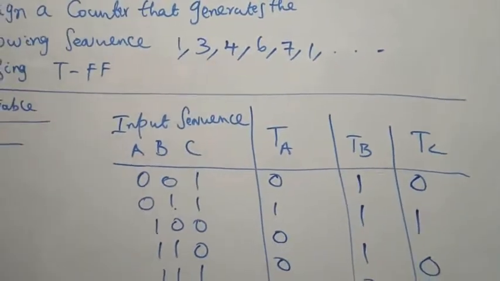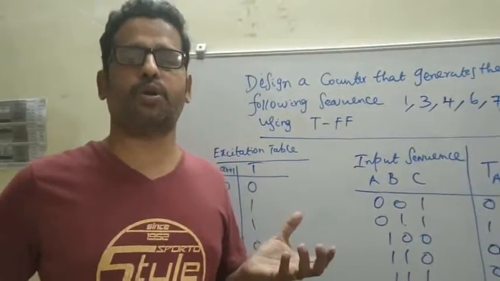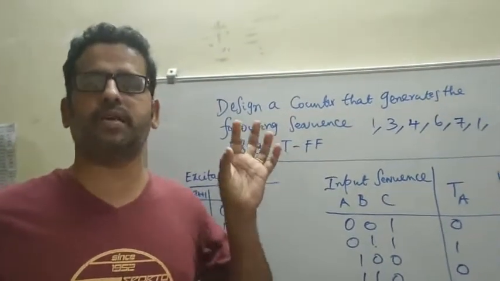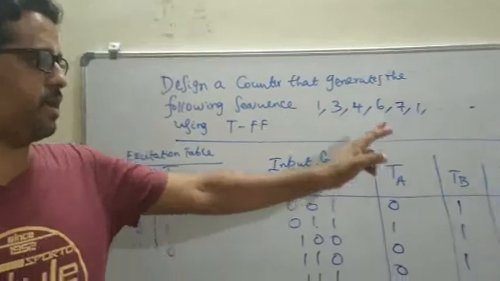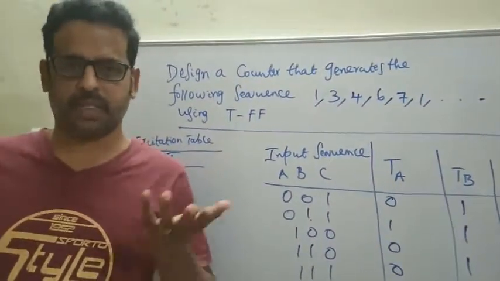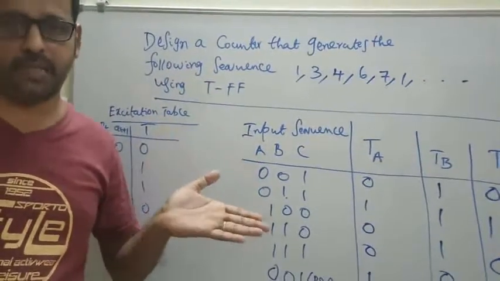Then the question arises, how am I designing? It is 3 bits. As I already told you, you should look at the maximum value given in the sequence. Here the maximum value is 7. How many bits are required to represent 7? 3 bits. So obviously you need to represent all the other values using 3 bits.